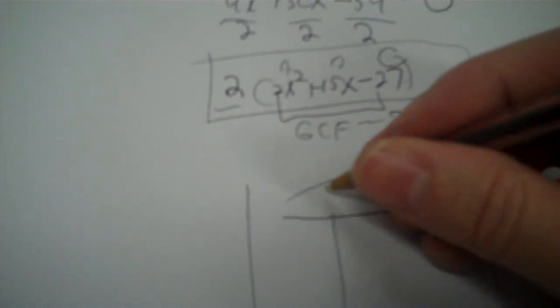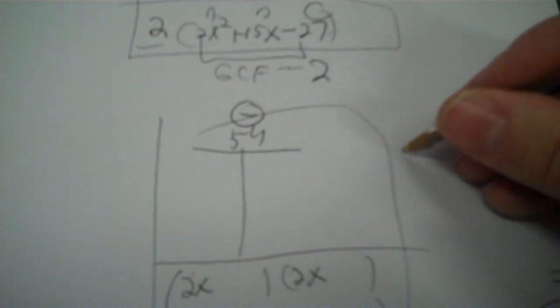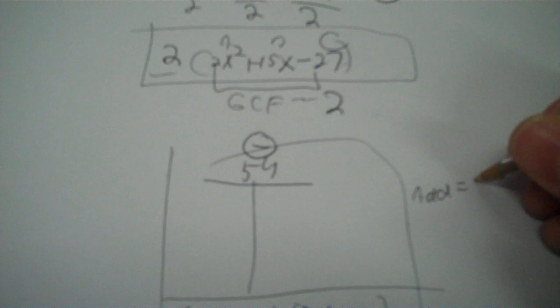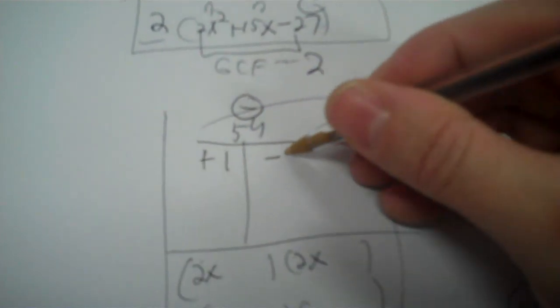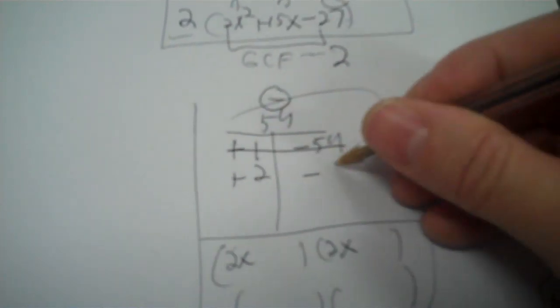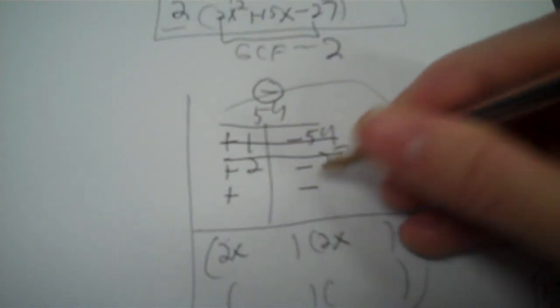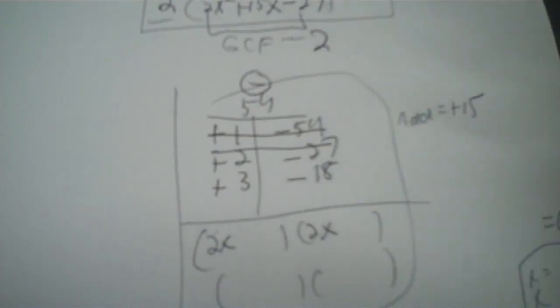2 times negative 27 is negative 54, okay? So you're trying to add to get positive 15. Positive times negative, 1 and 54, no dice. 2 and 27, nope. Divide by 3, you get 18.